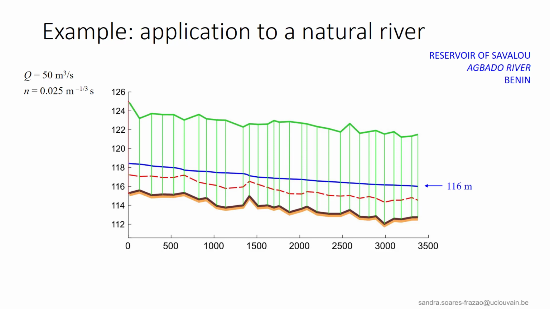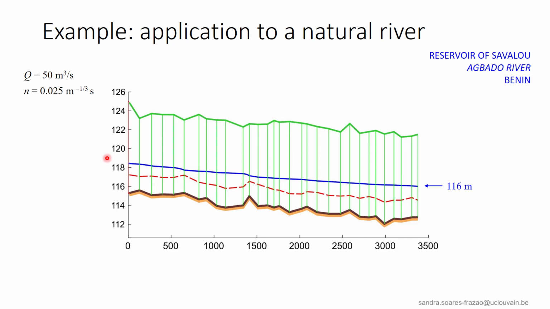Now if we consider, for example, a downstream water level of 116 meters, that is above the critical depth, as we see here, we can calculate the subcritical flow from downstream to upstream until the upstream end of this river reach.